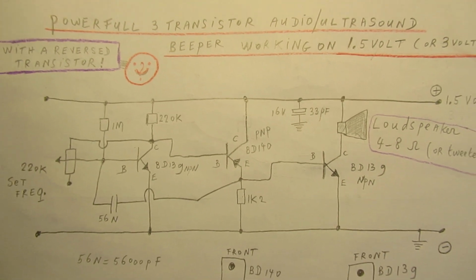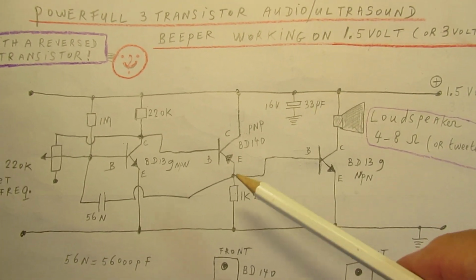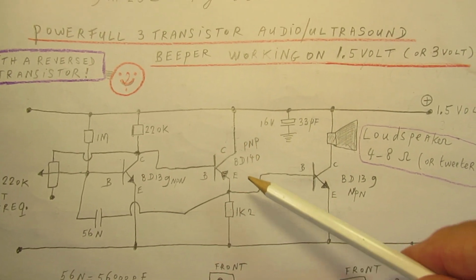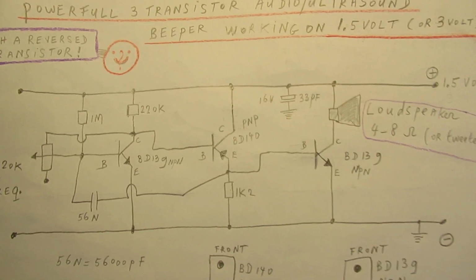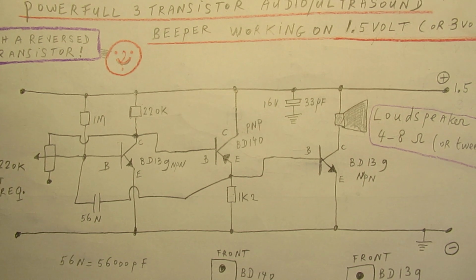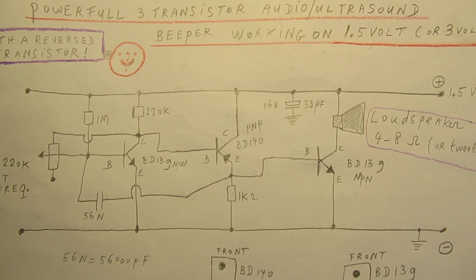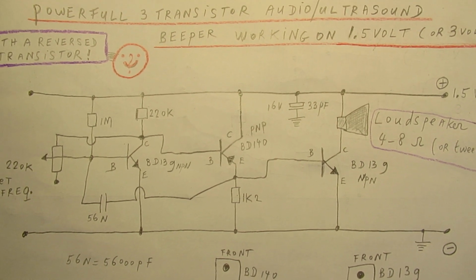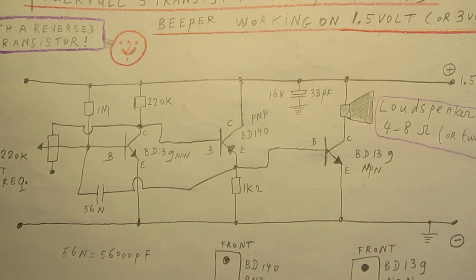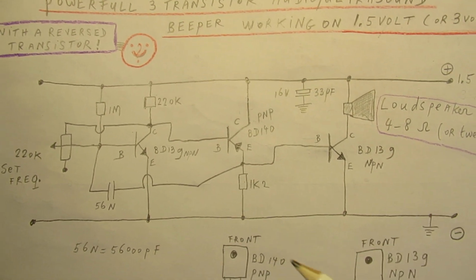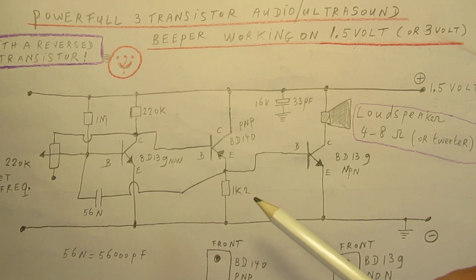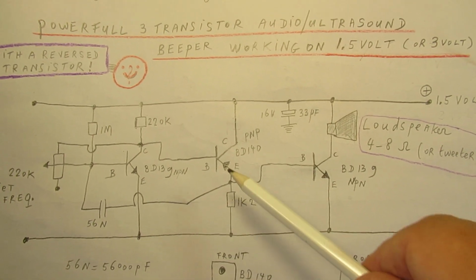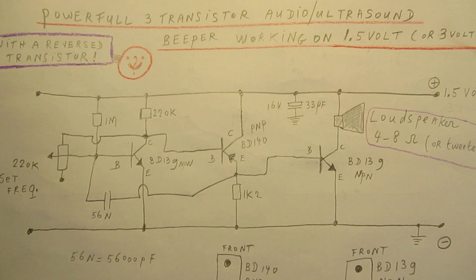I've tested it over and over, tried to reverse that transistor in a proper way, because we know that a PNP transistor needs a positive on its emitter, and now it has a negative on its emitter.